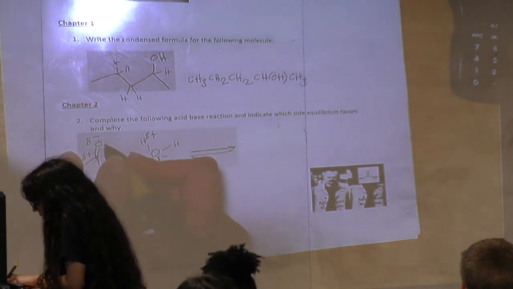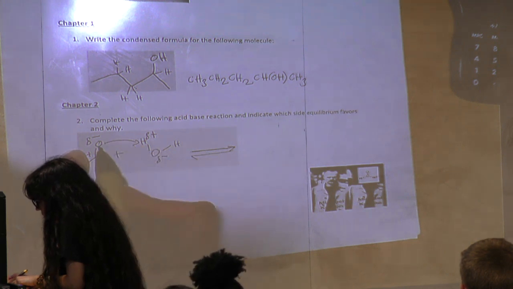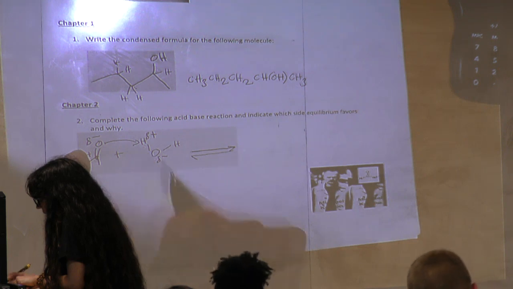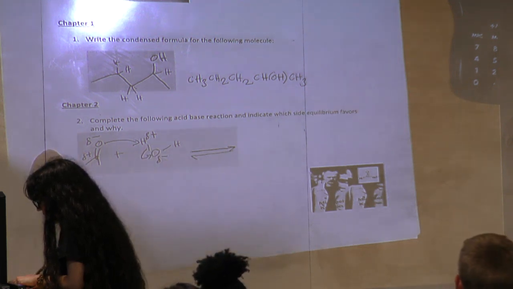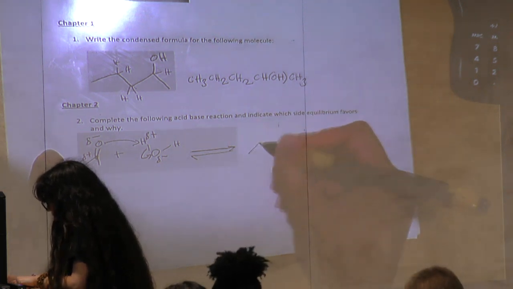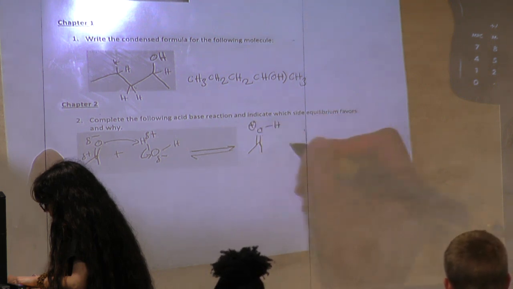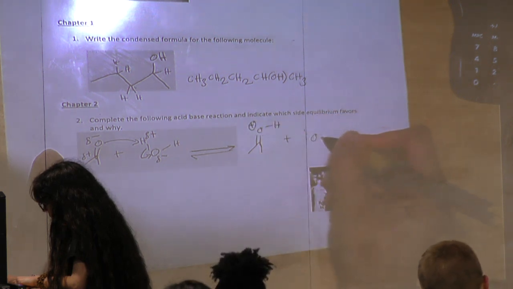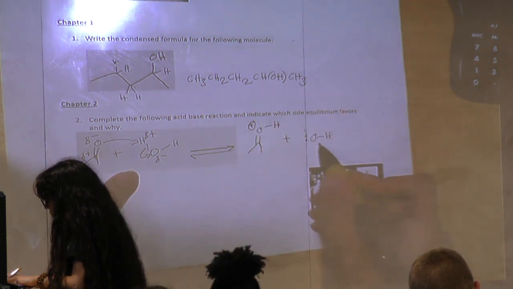So what we're going to do is draw a line from high electron density to low, so from our oxygen to our hydrogen. And then we have another arrow breaking this bond between the hydrogen and the oxygen. And that's going to give us a product that looks like that plus OH. And this is going to have what kind of formal charge?